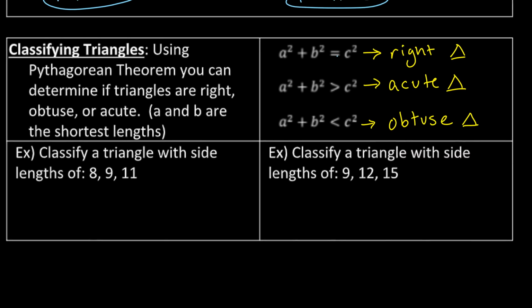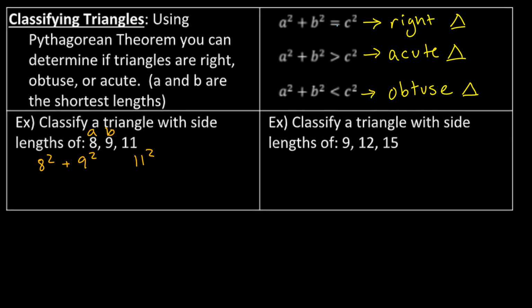So let's try it. 8, 9, and 11. Which ones do you think have to be my a and b? 8, 9. Yes, 8 and 9. Why? Yeah, they're the smallest. So we have 8 squared plus 9 squared, and we don't know what it is yet, to 11 squared. So what is 8 squared? And 9 squared?